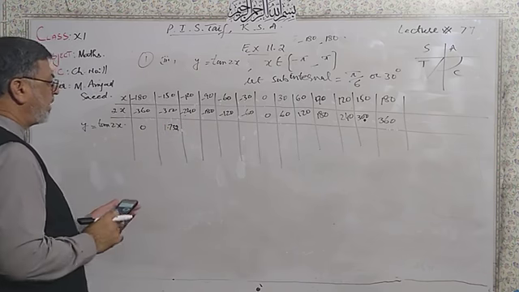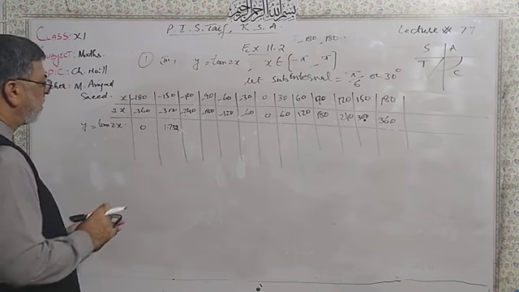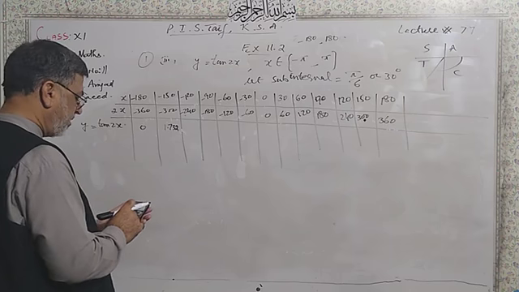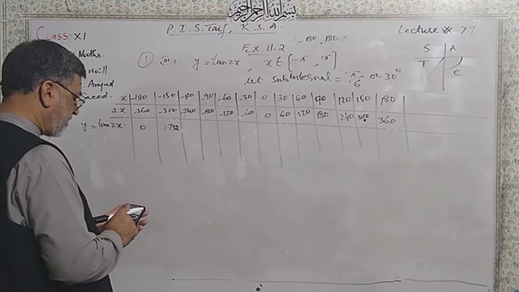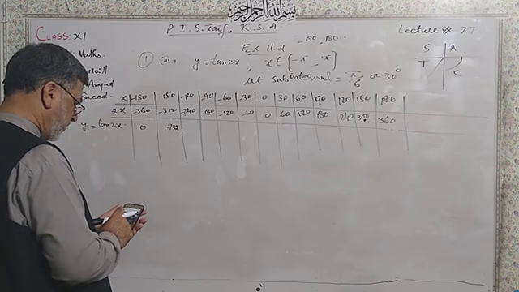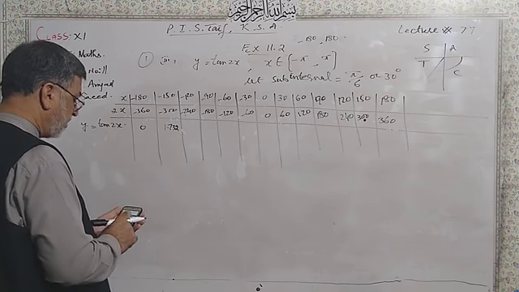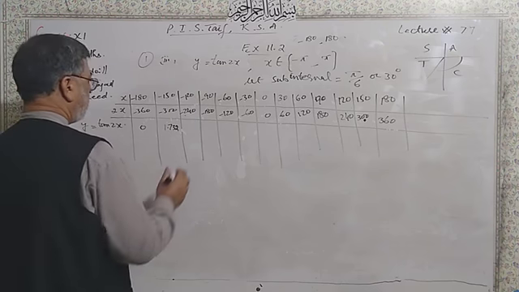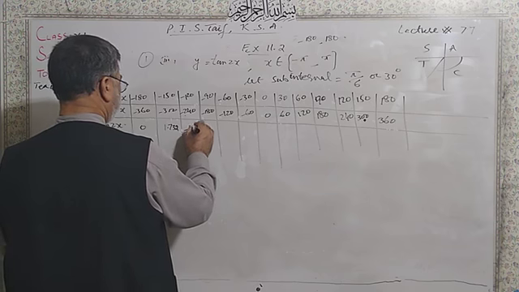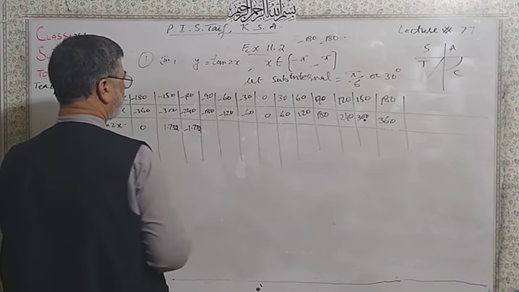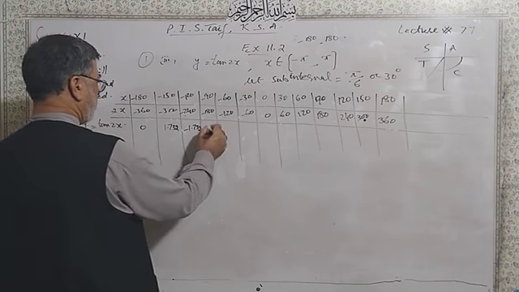Tangent minus 240, yes, we have minus 1.732. Tangent 180 is 0.